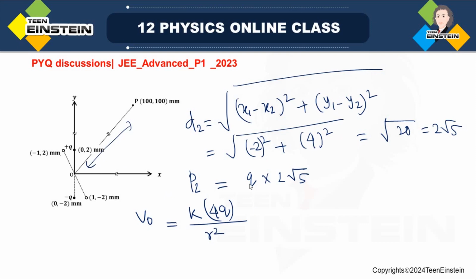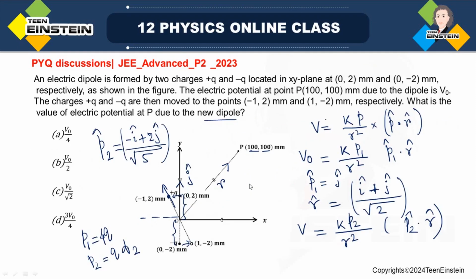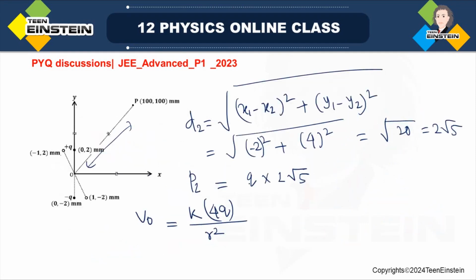The only thing I have to calculate is P1 dot R. P1 we know, and R we know, I cap plus J cap divided by root 2. So what we get from here is 4KQ by R square, and this will give you 1 over root 2.